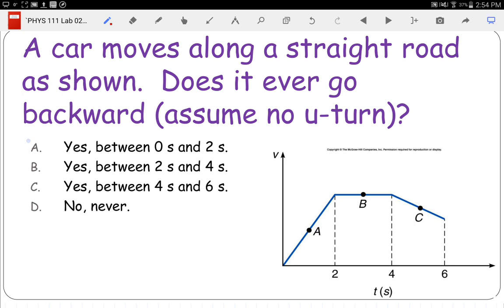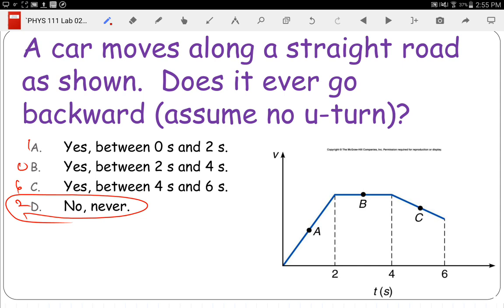Okay, this one here wasn't so clear to people. What is the velocity if it's going backward? Negative. Where was that velocity below the line? Simple answer?